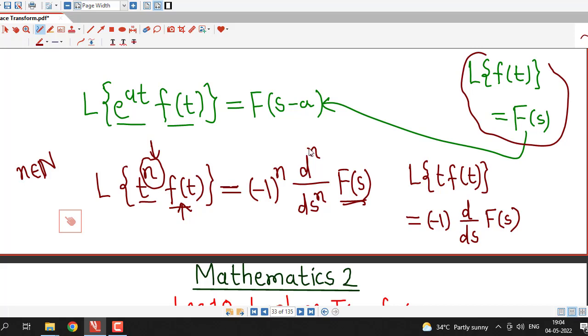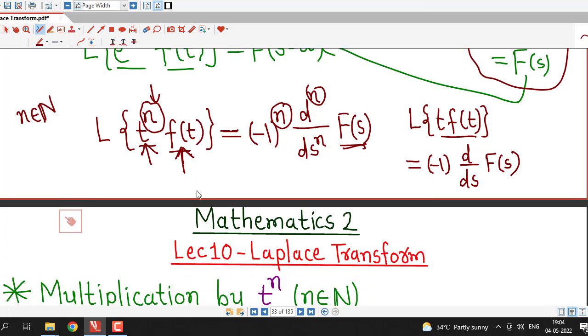If we take n equal to 1, that is one time derivative of this function f of s with respect to s, and minus 1 raised to 1, that is minus 1. So we will use this formula if we have power of t in the product, and if we are familiar with the Laplace transform of this function f of t.